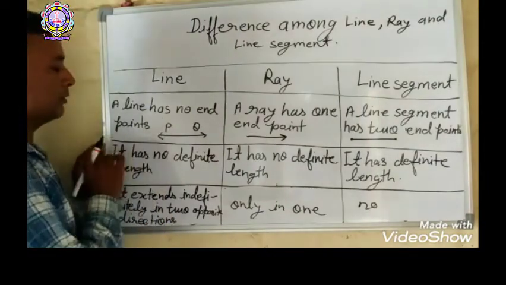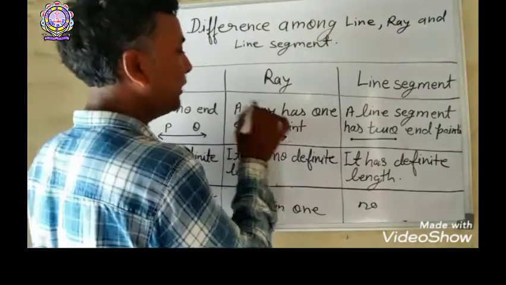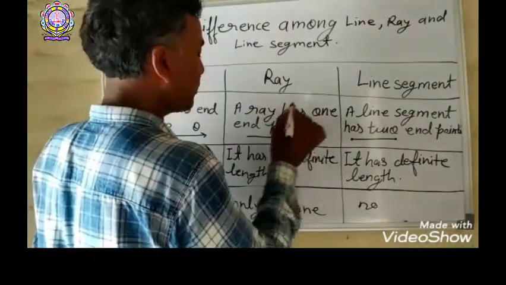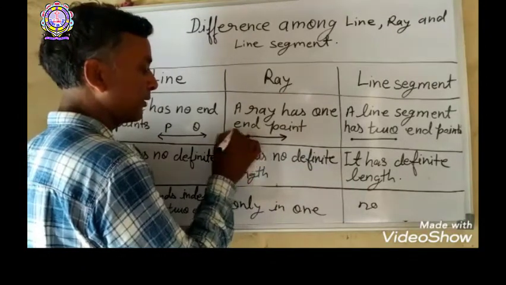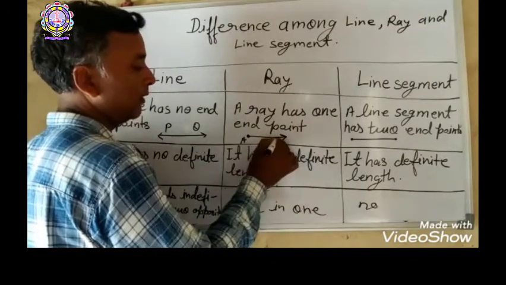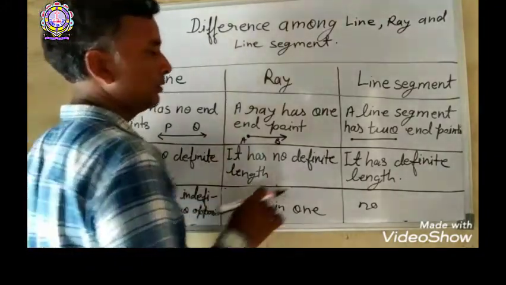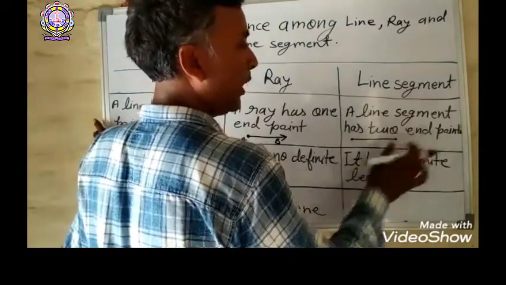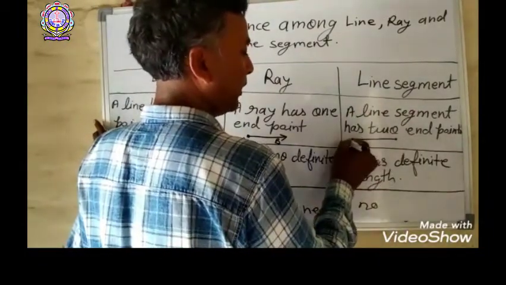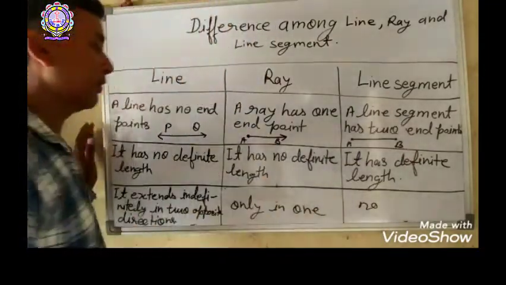It has no endpoints. A ray has only one endpoint, that is A. A line segment has two endpoints, A and B.